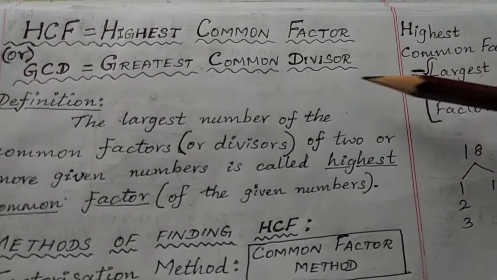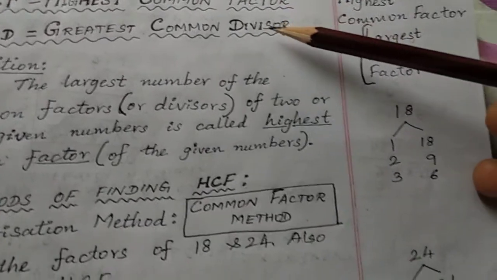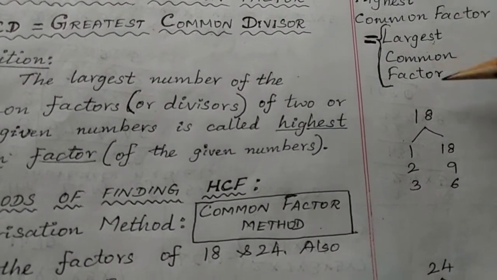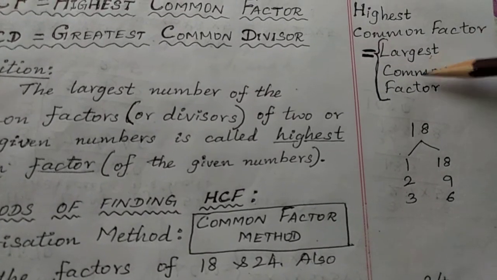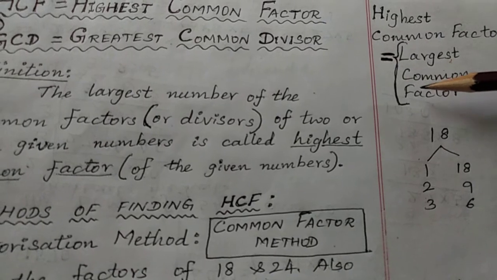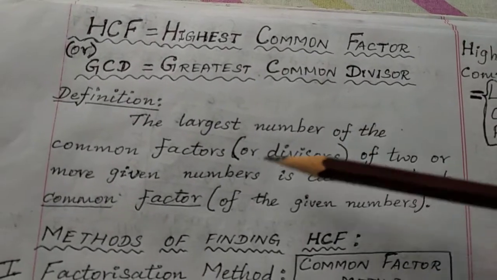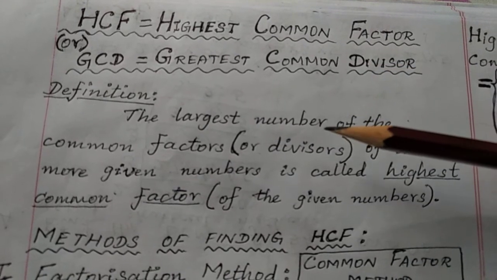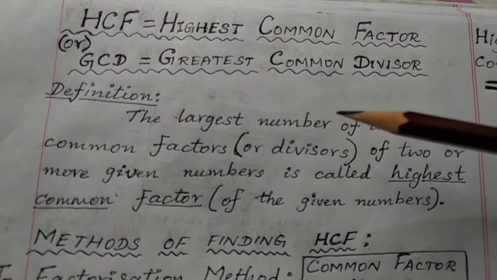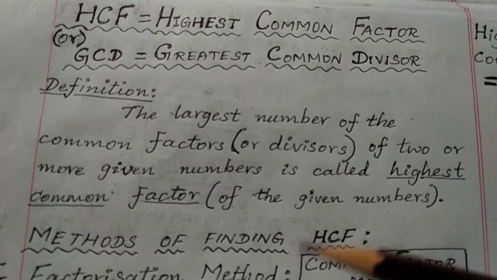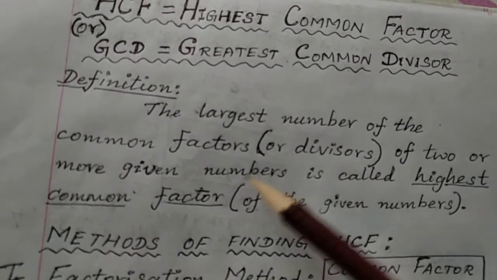And then we know the highest common factor is nothing but the largest common factor. Before learning about highest common factor, let us know what is a common factor. In the previous video, we learned what is a common multiple. Here we are going to learn about common factors of given numbers.